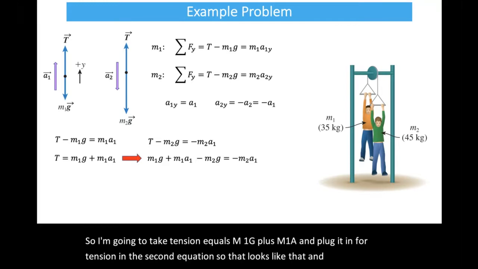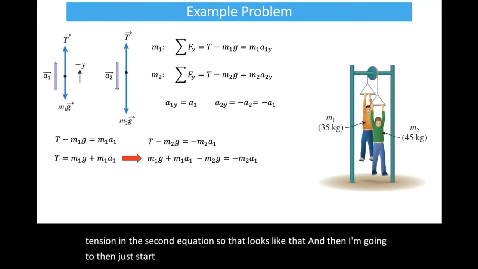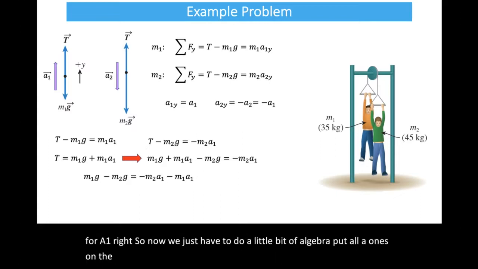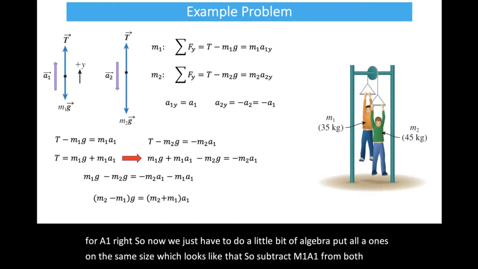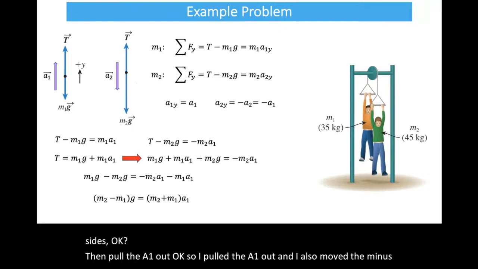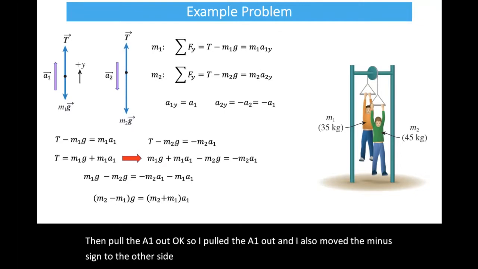And then I'm going to start moving things around to solve for a1. So now we just have to do a little bit of algebra, put all the a1s on the same side, which looks like that. So subtract m1a1 from both sides. Then pull the a1 out. I pulled the a1 out, and I also moved the minus sign to the other side, which flipped the order of m2 and m1.